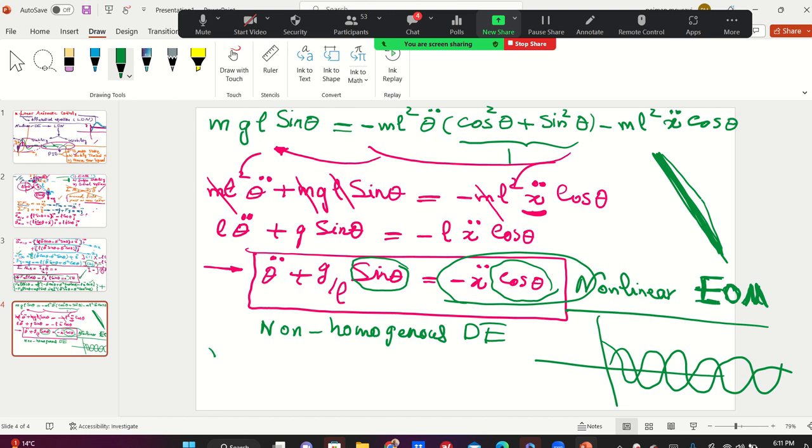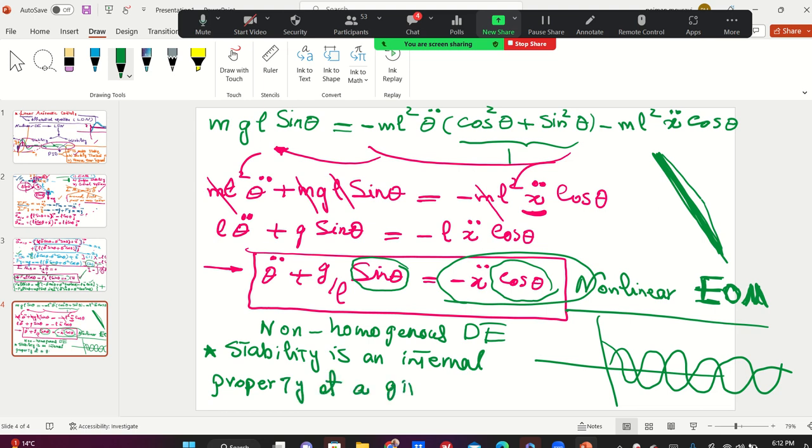But stability is an internal property of a given dynamical system.